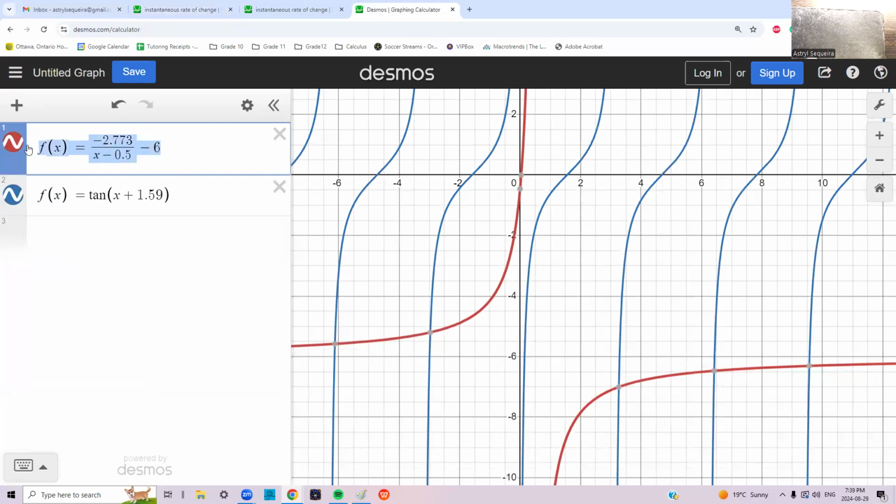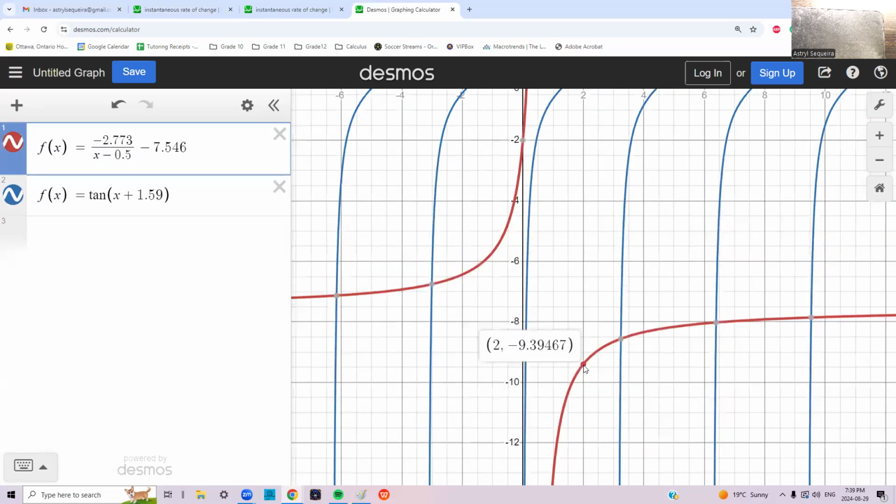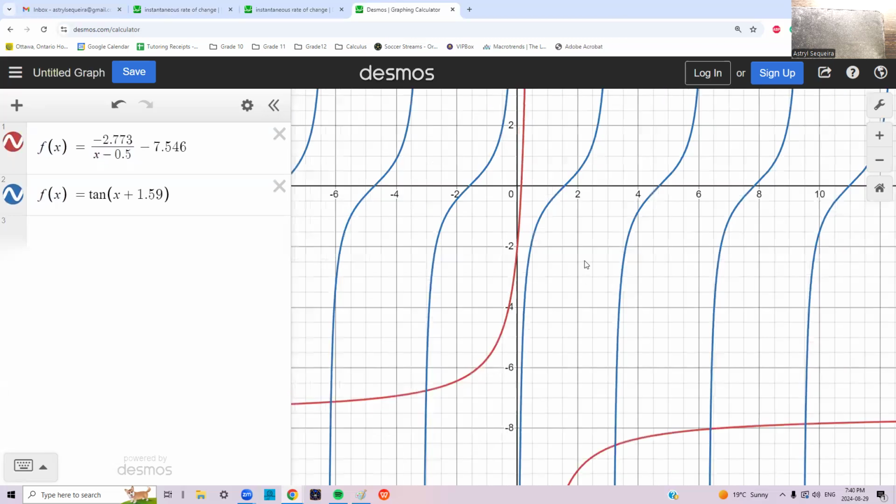So now I have my first function, my second function, and my y-intercept for my first function is -2. And now I want to make these two functions intersect over here. So this is still 0.48, and this is -9.4 approximately, or -9.39.